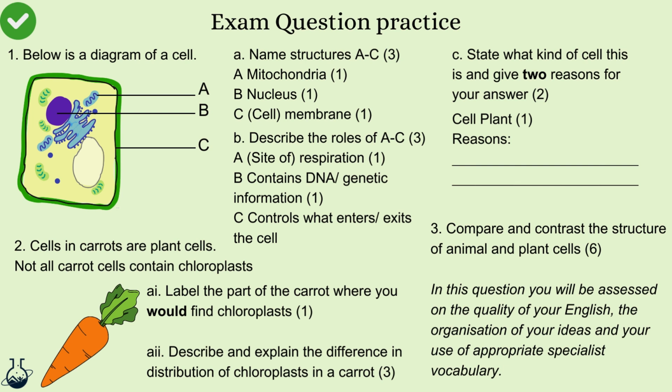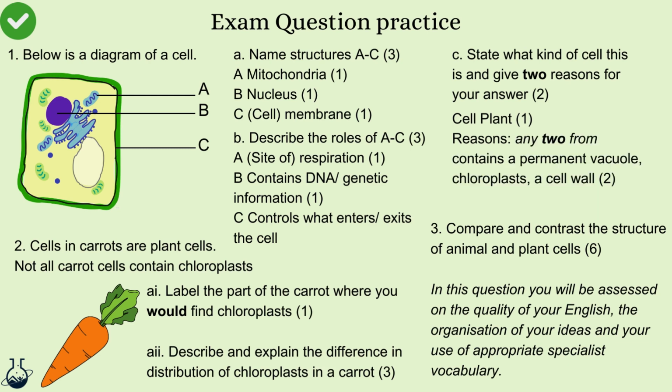And the final mark needs 2 correct reasons, and that could be any 2, from containing a permanent vacuole, chloroplasts, or a cell wall. If you got the plant cell correct but only 1 reason correct, give yourself 1 mark. If you got the plant cell correct and both reasons right, give yourself 2 marks.